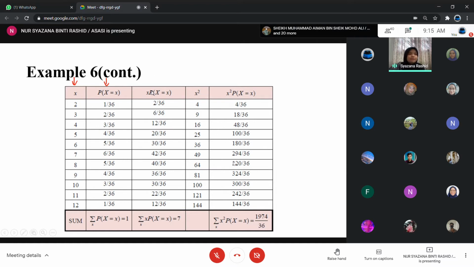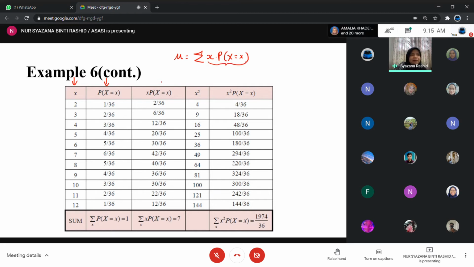Okay, so contoh. Okay, so now I will explain. Apa yang dimaksudkan dengan XPX? Sebab tadi kalau you perasan, formula mu is equals to summation of X times PX. Okay. So kita nak dapatkan summation, kita kena cari ni dulu. The multiplication of XPX.